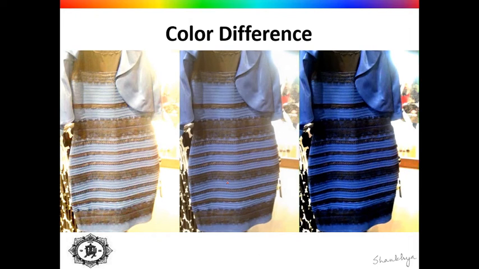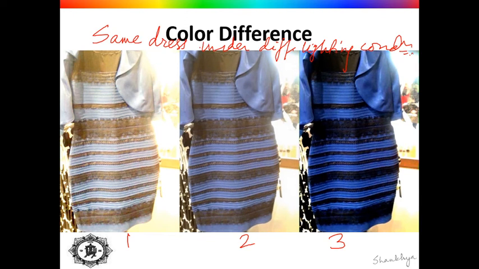Okay. So take a look at this picture. The three dresses are there, 1, 2, 3. For those who have already seen this image on social media, you know by now that these dresses are actually the same dress under different lighting conditions.